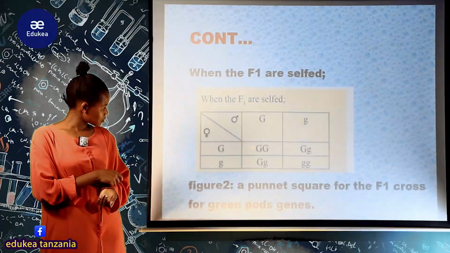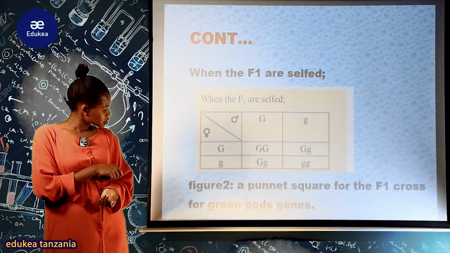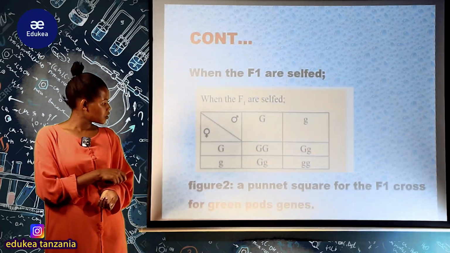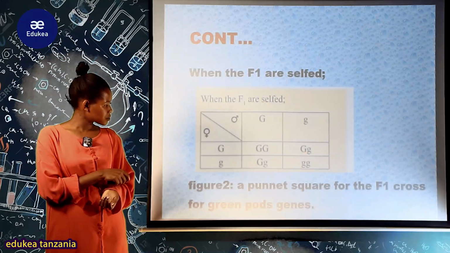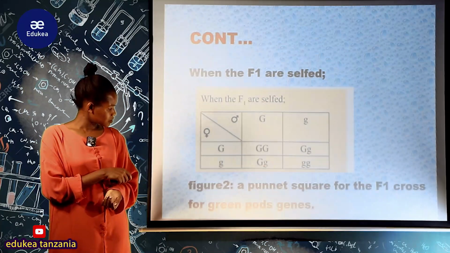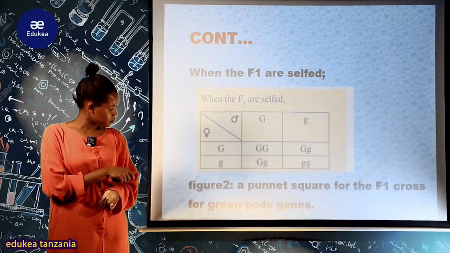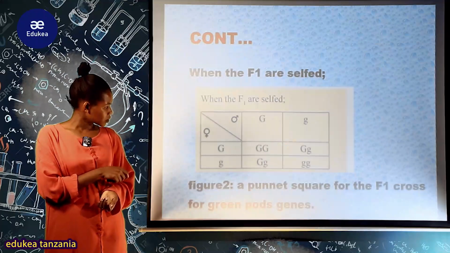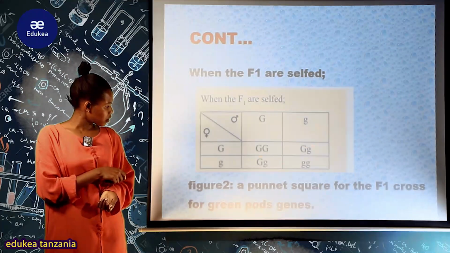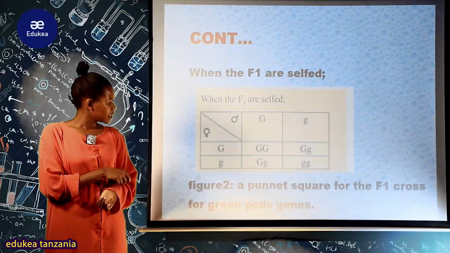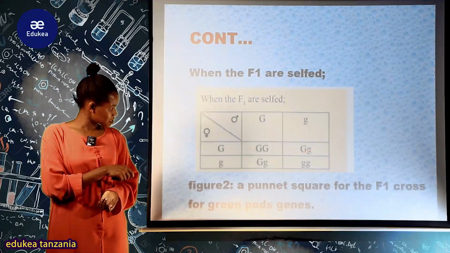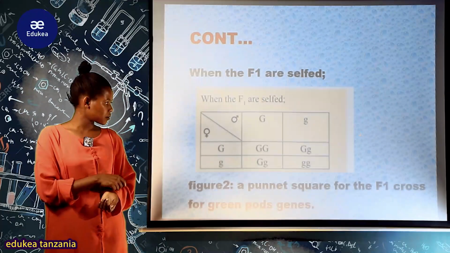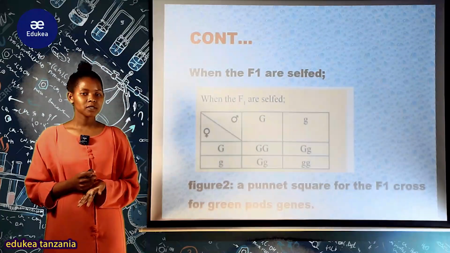On the other hand, coming to the genotypic appearance, this one genotypically is dominant green, but this one is recessive, and this one is also recessive. But this one is heterozygous, this one is also heterozygous, but this one is recessive. So we find that the dominant is one, we put the ratio, the heterozygous are two, we write 2, and the recessive is one, we write 1. We have finished our genotypic ratios.